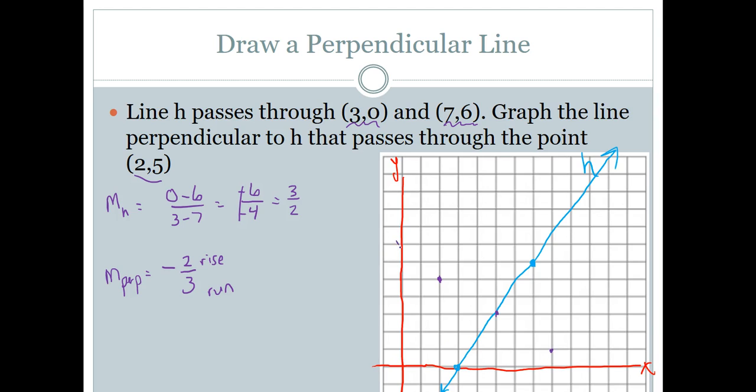That's what my line's going to look like, and I'm just going to make it dashed. Okay, so I graphed my line that's perpendicular, and that does look like a right angle, so that probably means that I did it correctly. Okay, and that's all there is for section 3.4.